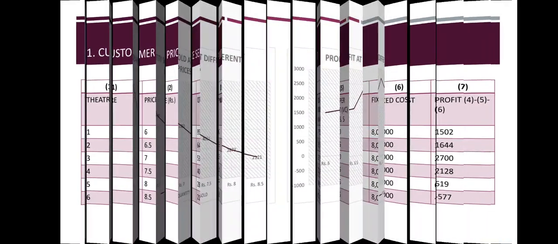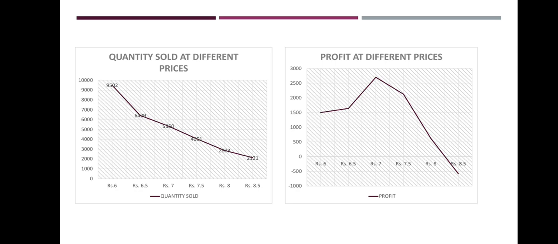To represent it graphically, as and when the price of the product increased from 6 to 6.5, what happened to the quantity sold? It went on decreasing. Regarding the profit, at 6 rupees the profit was very low.